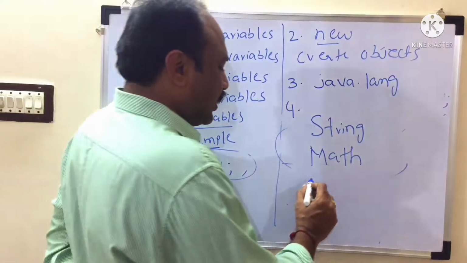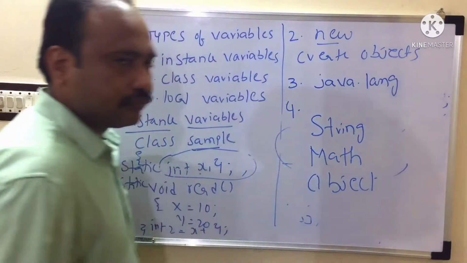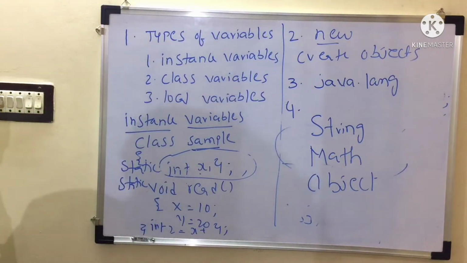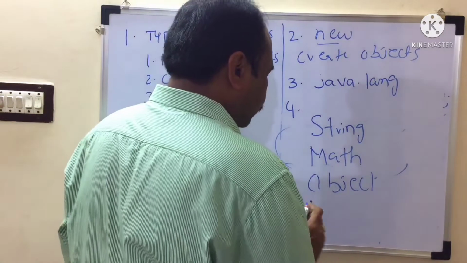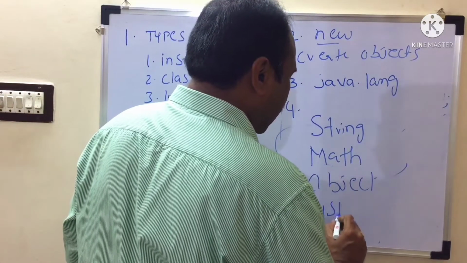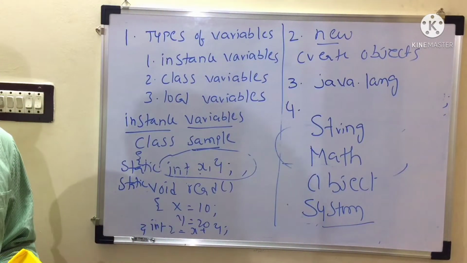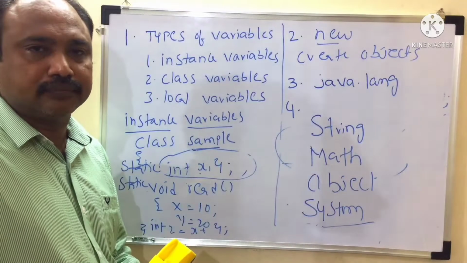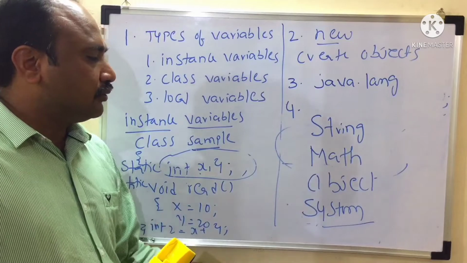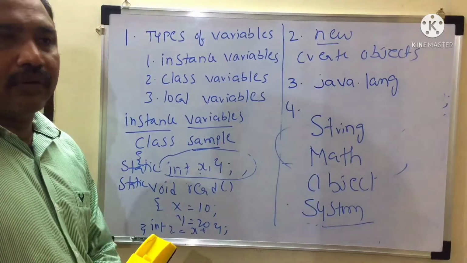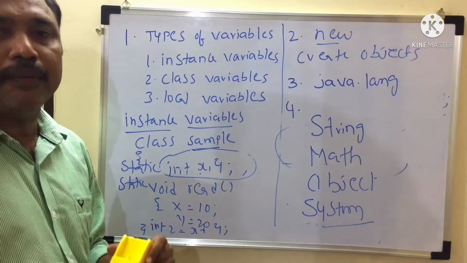In the same way, there is one more class, the Object class. The same way, the System class: when you write System.out.println, System also belongs to java.lang. These are some of them. String, Math, Object, System: all these belong to which package? Java.lang package.